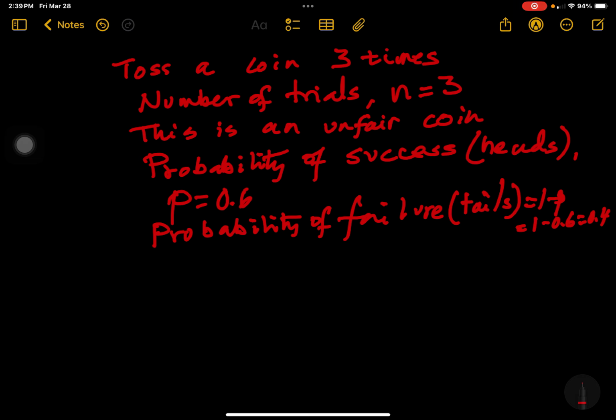Okay, so we are going to toss this same coin 3 times. Each time the coin is tossed, there are 2 possible outcomes.